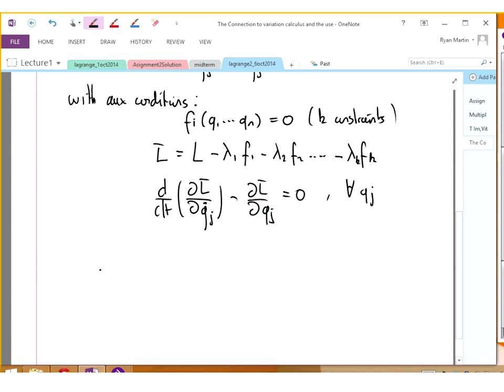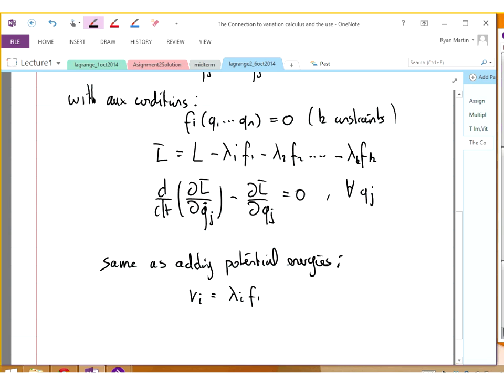If we compare this to the Lagrangian, this is the same as adding potential energies Vi that would be equal to lambda i Fi, right?